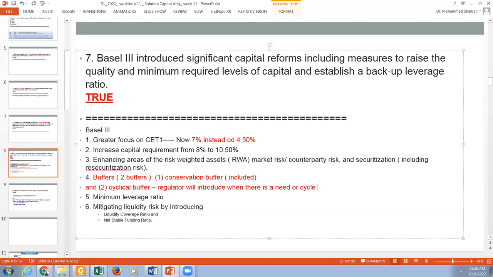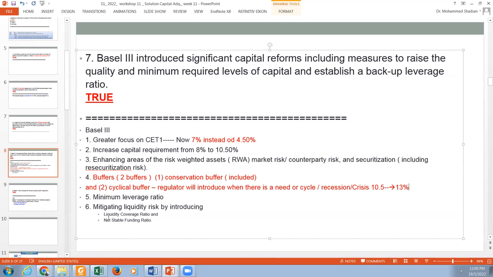If there is a recession or changes in the economy and they are worried that banks may not have enough capital if there is a problem, recession or crisis, then the regulators will say, instead of the 10.5%, now increase the cyclical buffer and make it 13% because they add 2.5.